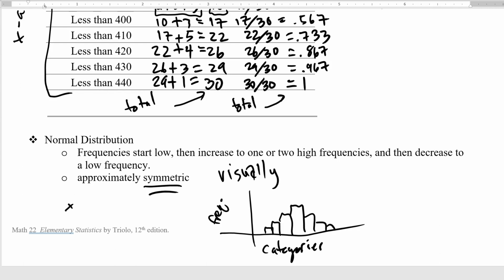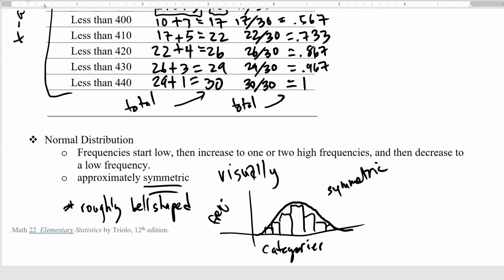Another word for that, we'll say it's roughly bell-shaped, or they'll say mound-shaped sometimes, like a hill. But the idea is that if I were to draw a curve over this, it would be roughly symmetric and mound-shaped, or like I said, bell-shaped is probably what we use more often.